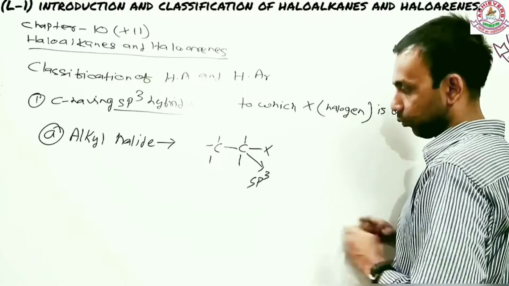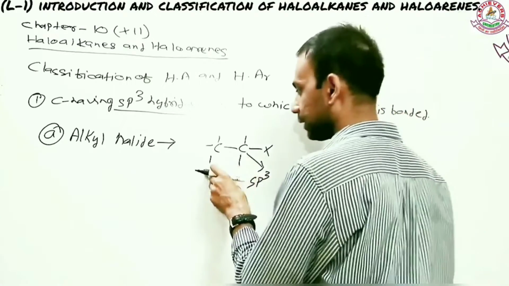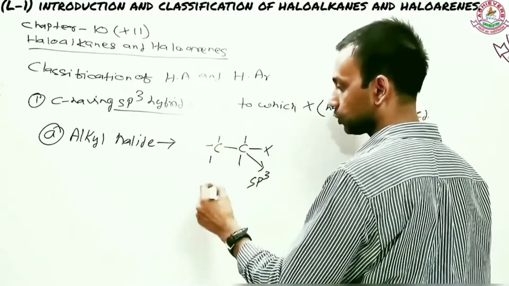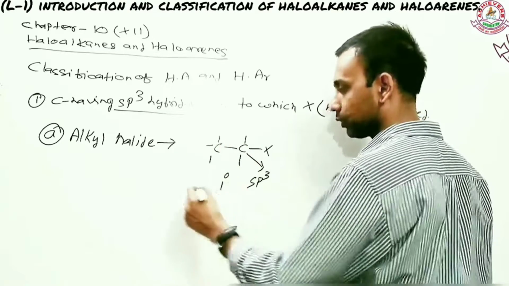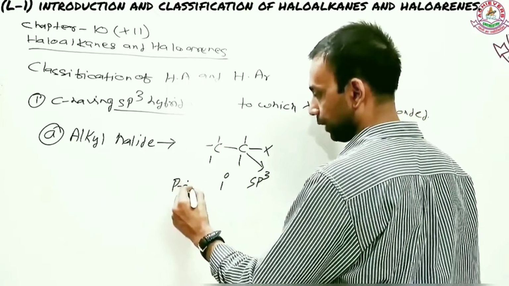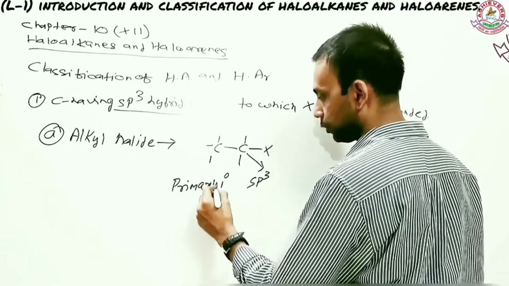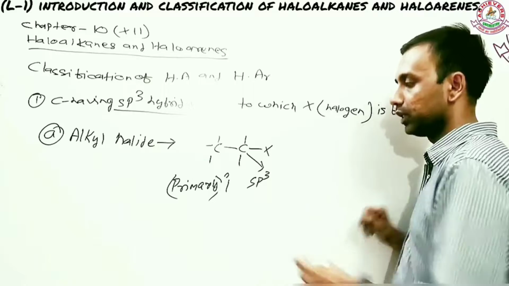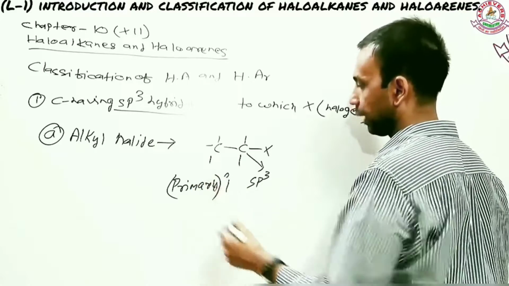Now, one more thing: if in this alkyl halide the carbon is bonded to one carbon, it's called 1 degree, or you also know it as primary. It's called primary because the carbon to which the halogen is bonded is attached to one carbon. So this is called primary haloalkane.